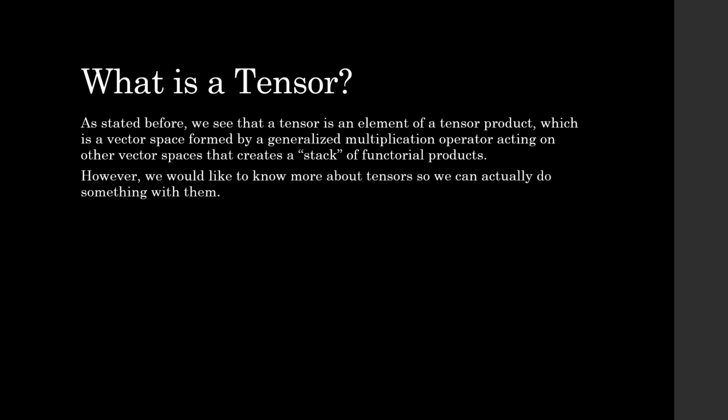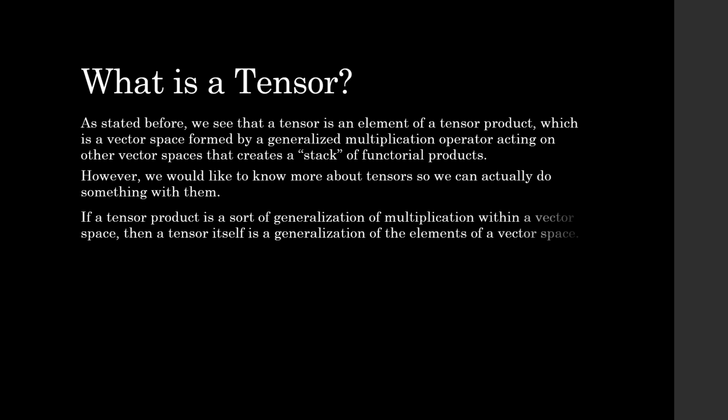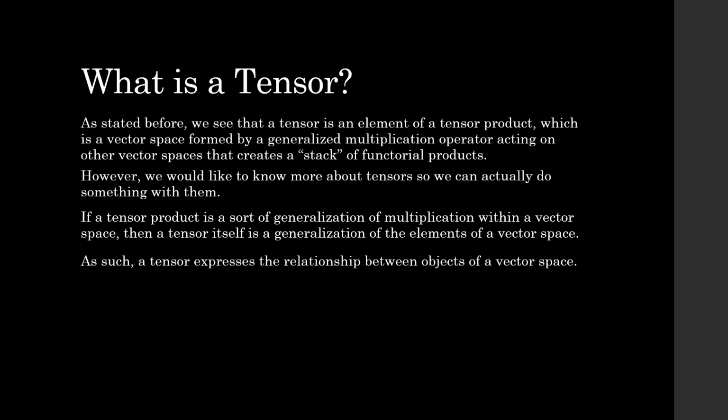However, we'd like to know more about tensors so that we can actually do something with them. If a tensor product is a sort of generalization of the multiplication operator within a vector space, then a tensor itself is just a generalization of the elements of a vector space. So a tensor expresses the relationship between objects of a vector space.